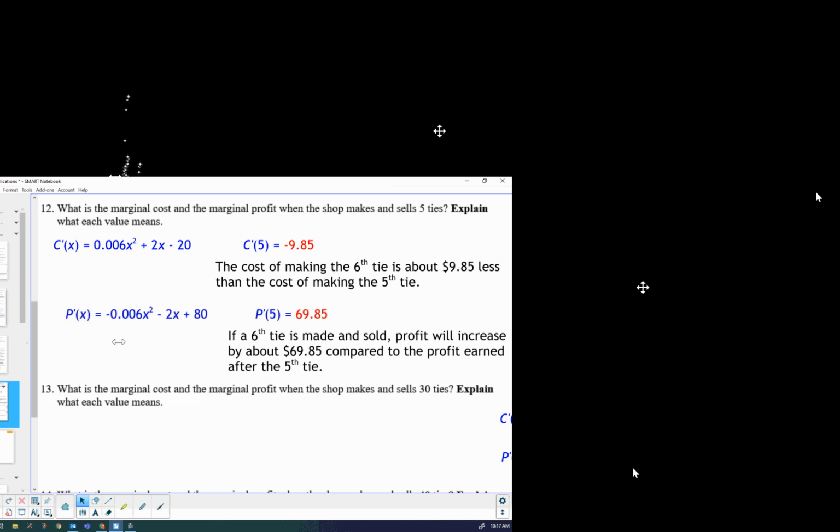So my total profit goes up by the $9.85. Because marginal, when I plug in a number, at the margin of 5 is like one more. So that's for the 6th tie. That's an approximate change in cost for one more unit.